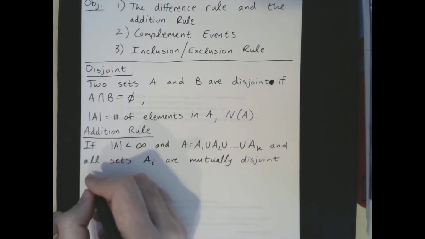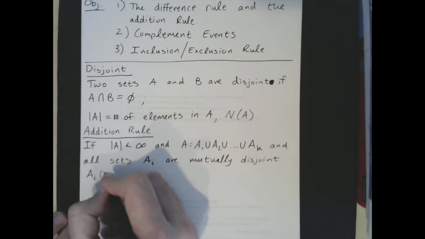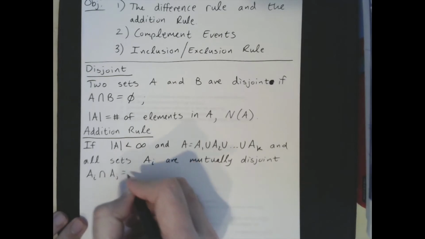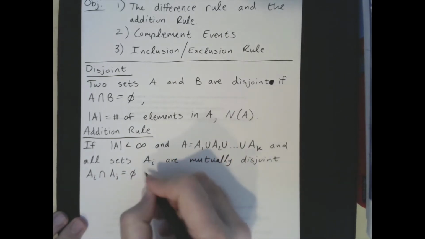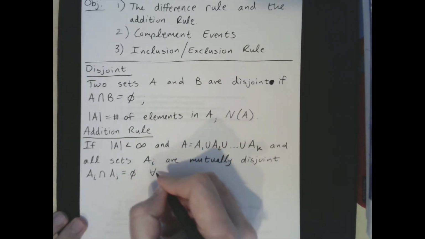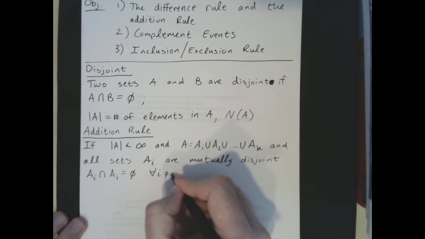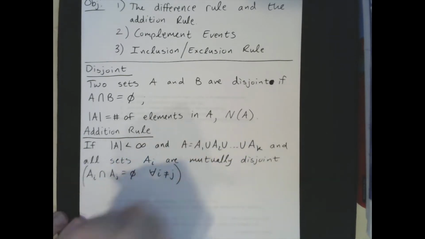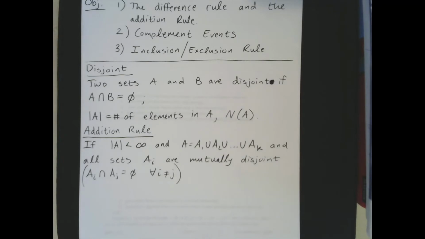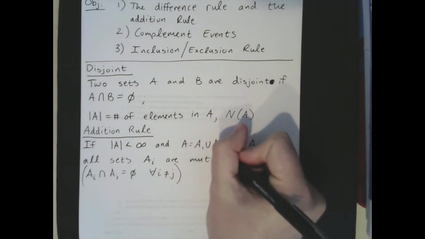So remember, this means that A sub i intersect A sub j is empty, for all i not equal to j. So that's what mutually disjoint is. Any pair of these A sub i's that we could pick have nothing in common.